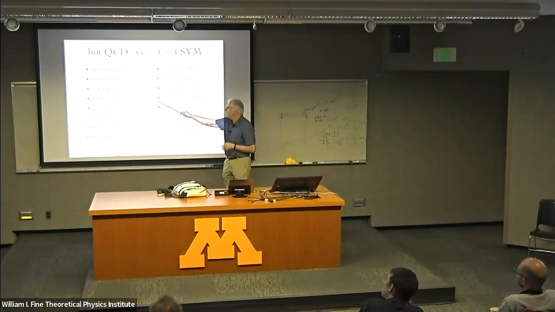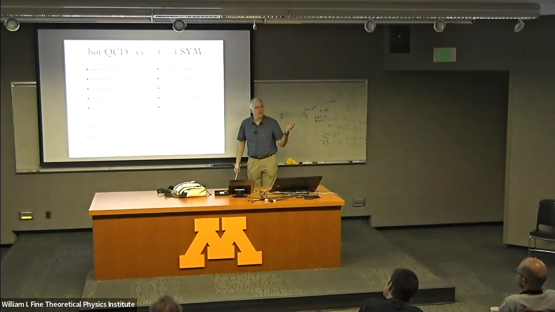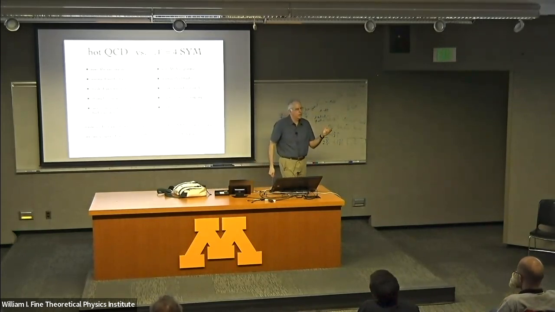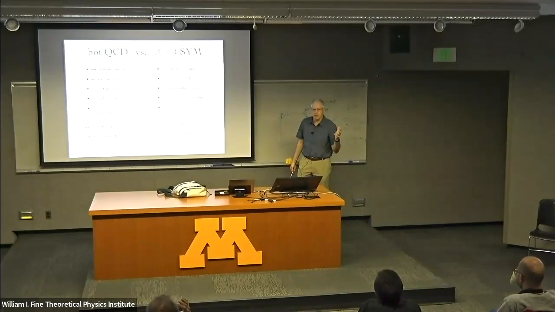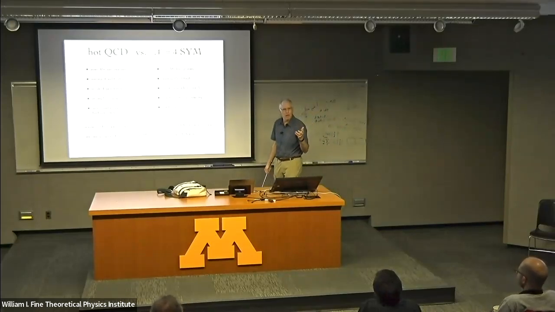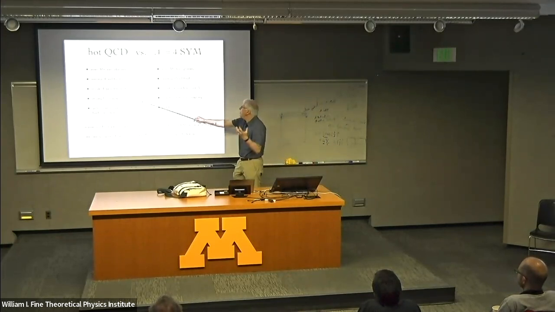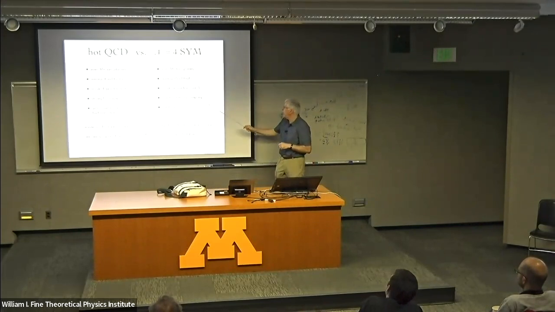For real QCD, in terms of a wide variety of thermal properties from lattice studies, there's good evidence that the dependence on the number of colors is actually quite weak. Equally true for a lot of quantities in N equals 4. The regime of QCD I'm interested in is strongly coupled. In N equals 4, the coupling is whatever you want, so I'm going to crank it up and make it strong.